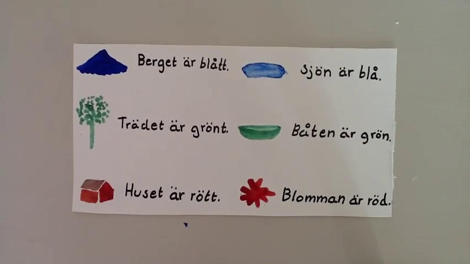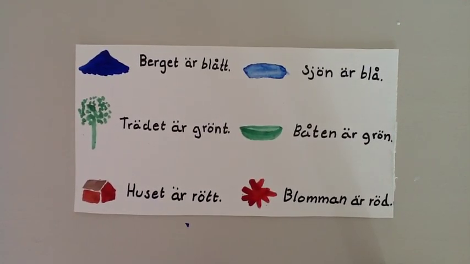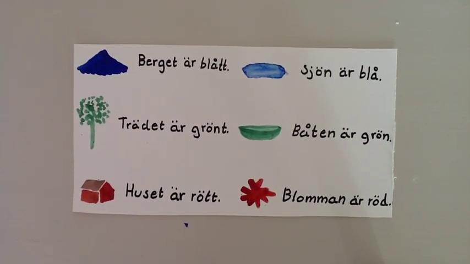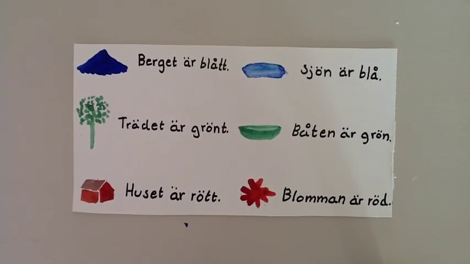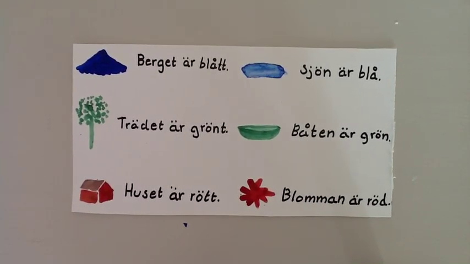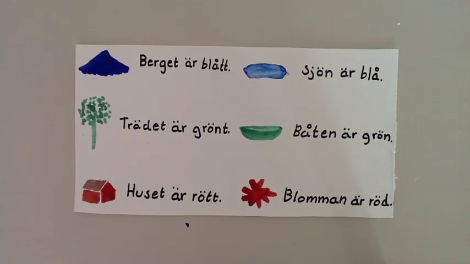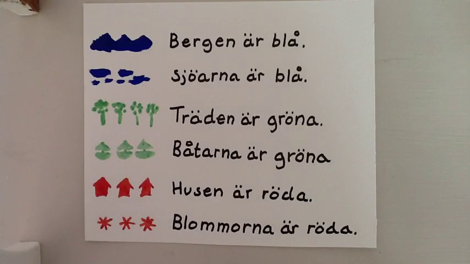So you can see that for the neuter nouns, the adjective tends to have a T in the end, and for the common it tends to have an N or something else. So that is the common rule, and of course there are a lot of exceptions. And here we have all these nouns in plural, and it doesn't matter whether it's common or neuter, it is the same for them.